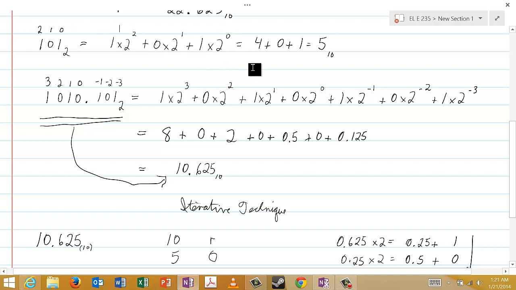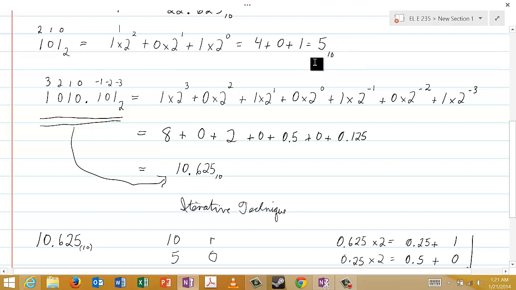And 2 squared is 4. 2 to the first power is 2, but 0 times 2 is 0. And 2 to the 0th power is 1, and 1 times 1 is 1. So we have 4 plus 0 plus 1, which is equal to 5 in base 10.